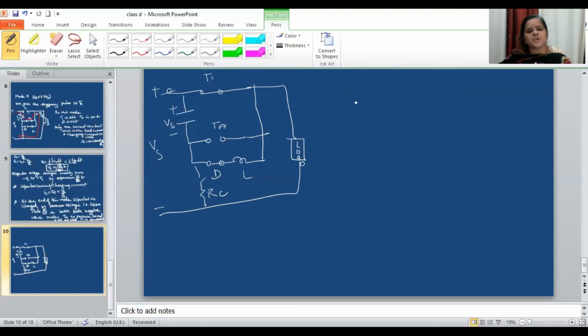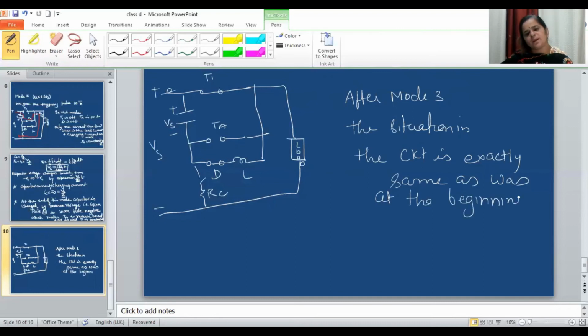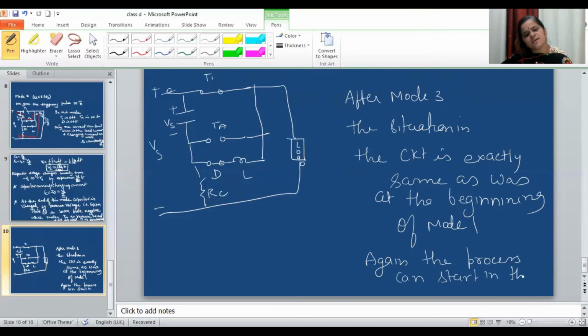So this is the situation of the circuit at the beginning of mode 1. So after mode 3, the situation in the circuit is exactly the same as it was at the beginning of mode 1. So again the process can start in the same fashion.